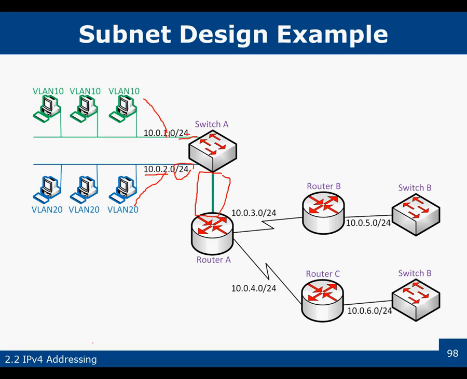This tells us that this has got to be a trunk port, because when we put these VLANs on the switch, they get tagged with their VLAN number. And the VLAN number goes right in the middle of the layer 2 packet. So when we do that, it's not a standard packet.